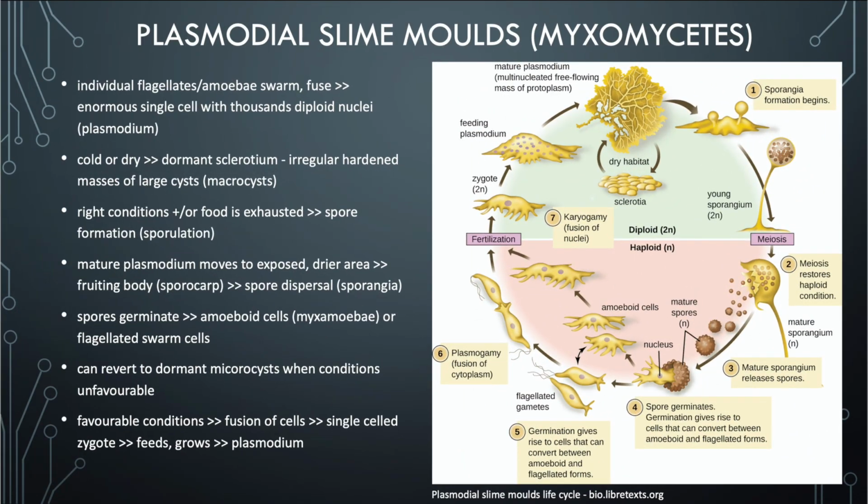There are three types of slime molds, and the first one we're going to look at is the plasmodial slime molds, also called myxomycetes. The mycetes bit is referring to its fungal-like lifestyle, and the ability to produce spores used to put slime molds into the fungal group of organisms.